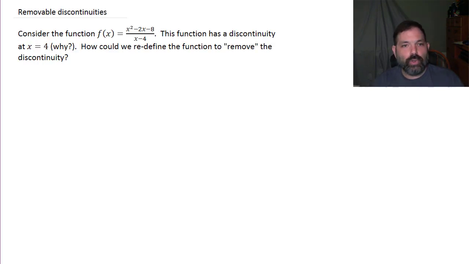So here we have the function x squared minus 2x minus 8 over x minus 4. And I'm stating first that this function has a discontinuity at x equals 4. Why is that true?